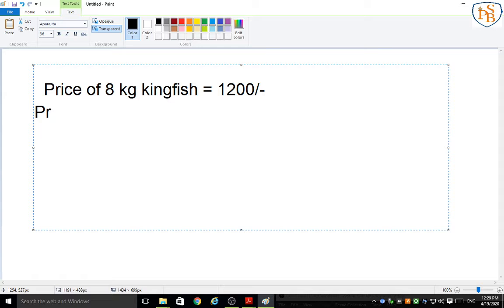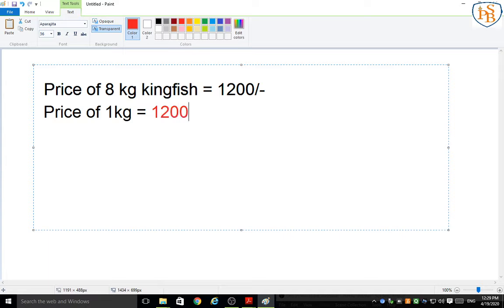Done, students? So price of 1 kg: price of 8 kg kingfish is 1200. So price of 1 kg is equal to, here we have to find out.